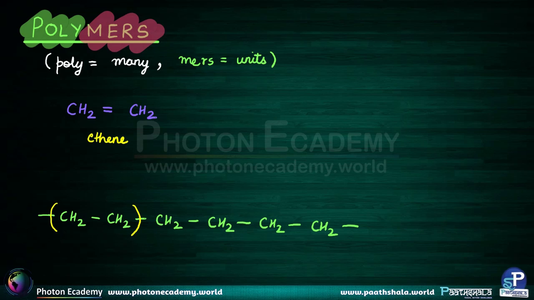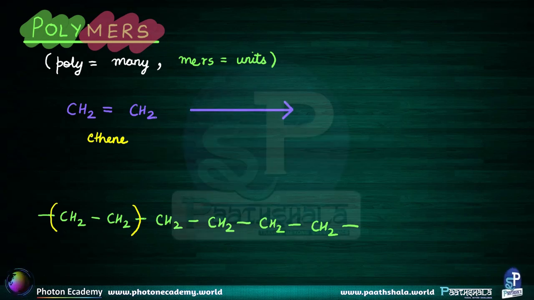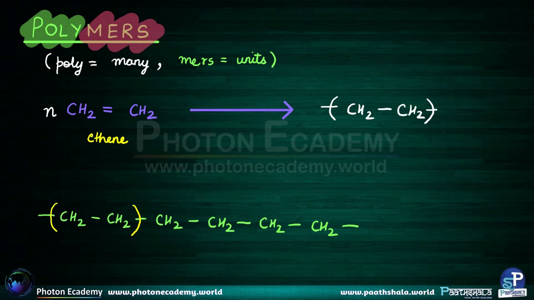How do we represent our polymers? Suppose we have taken n units of ethene. It gets written like this, and we can say that there are n units in a straight line.